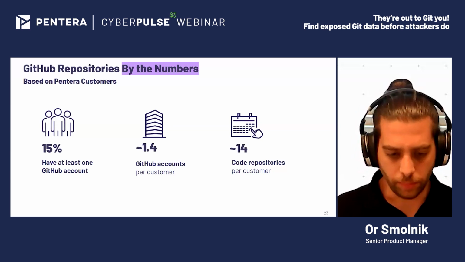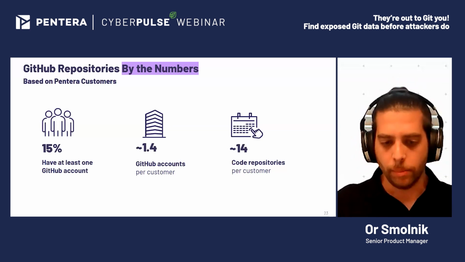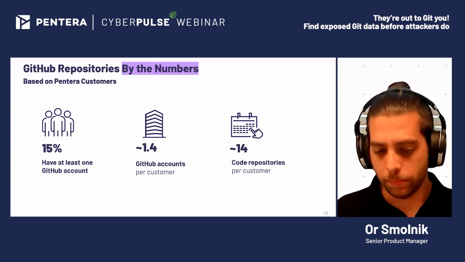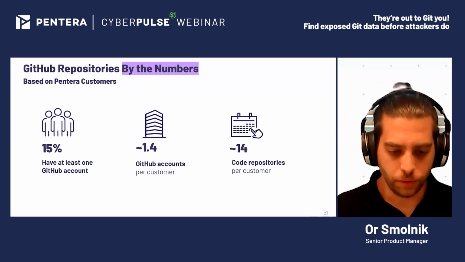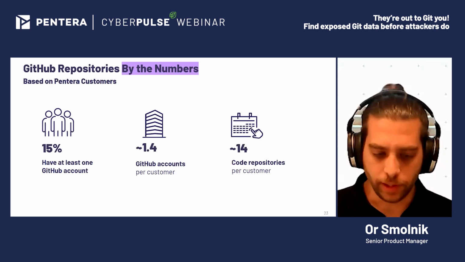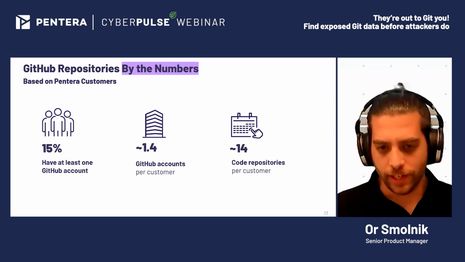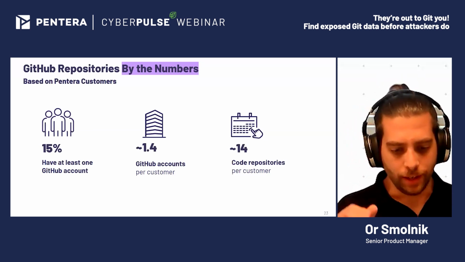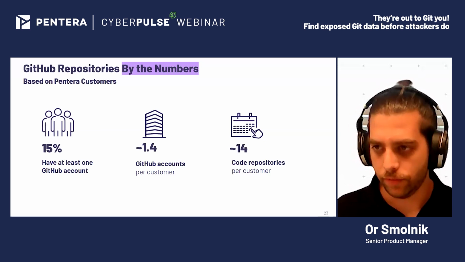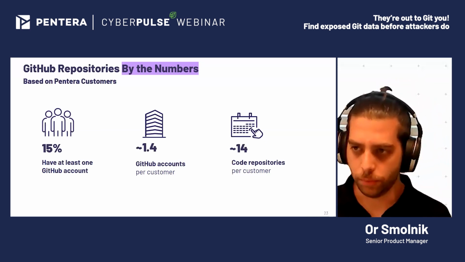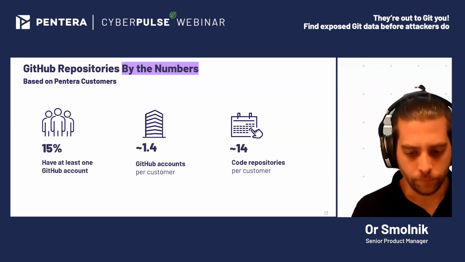Why is that? The answer is that many departments around the world, for enterprises, can just create a new GitHub account. And this is very easy to do, by the way. It's just logging in to GitHub using my Google account and creating a new repository, and that's it. I have a new account with an existing repository. It's very easy, very simple.